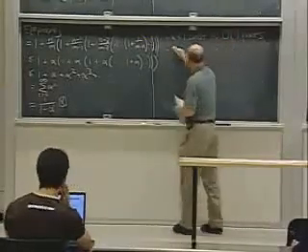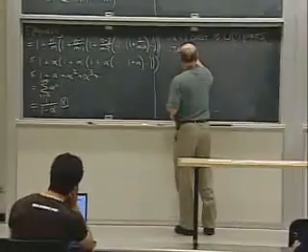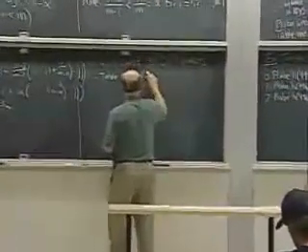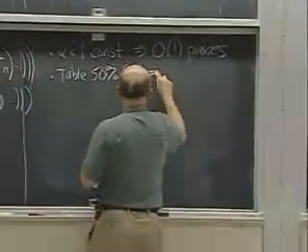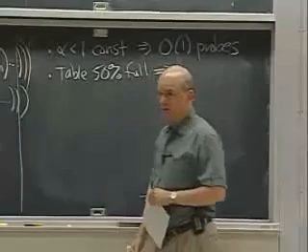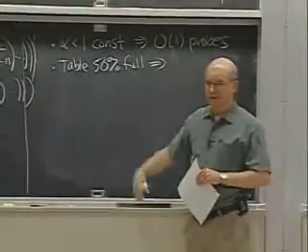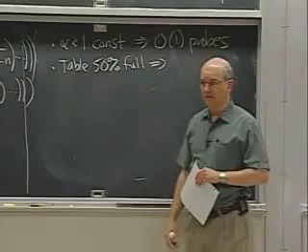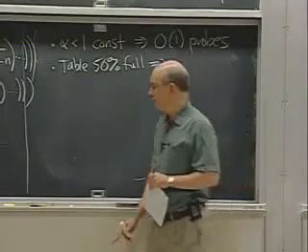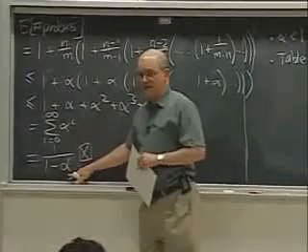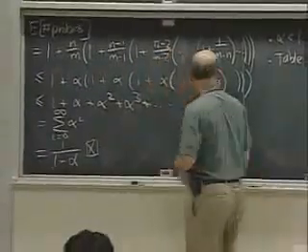So for example, if the table is 50% full, so alpha is a half, what's the expected number of probes by this analysis? 2, because 1 over 1 minus a half is 2.